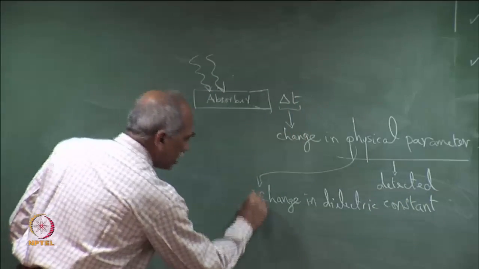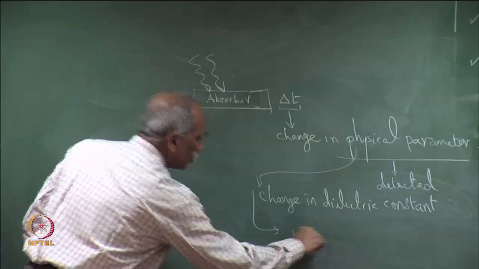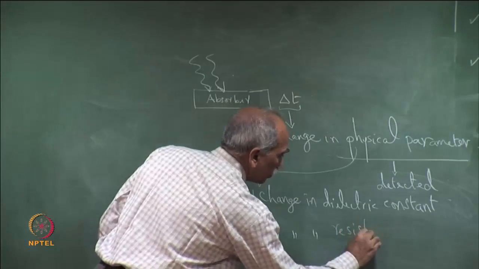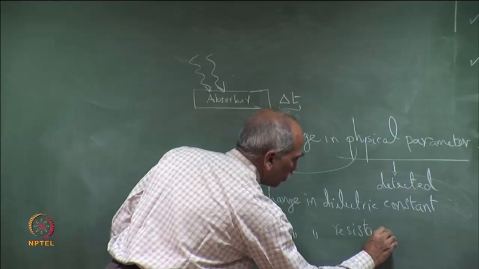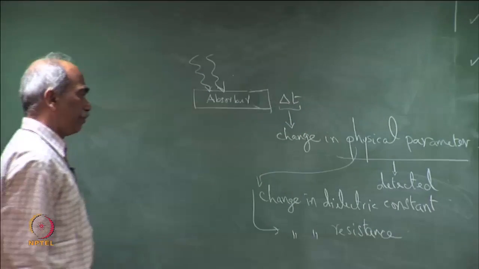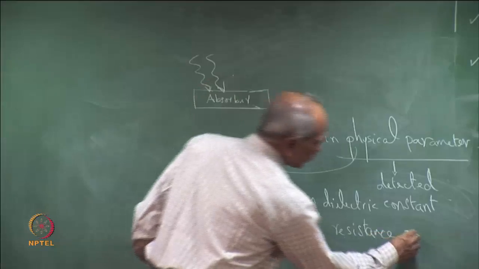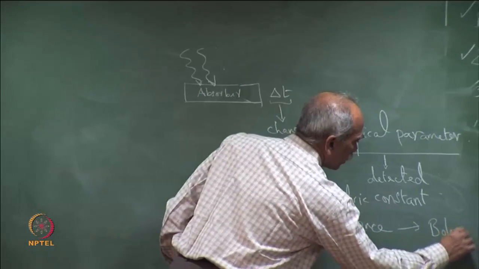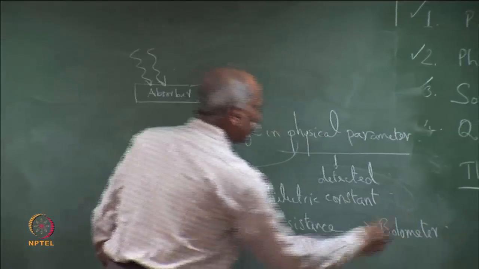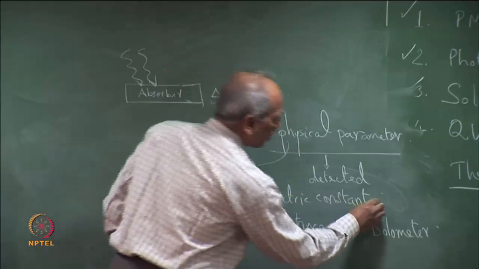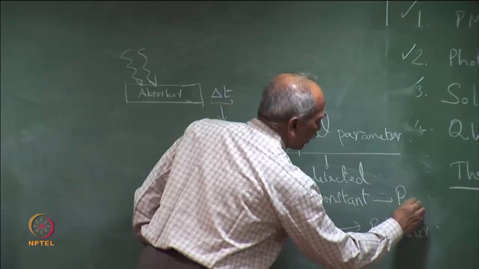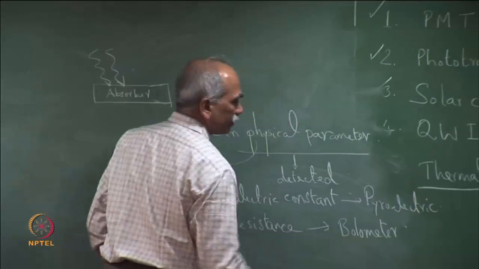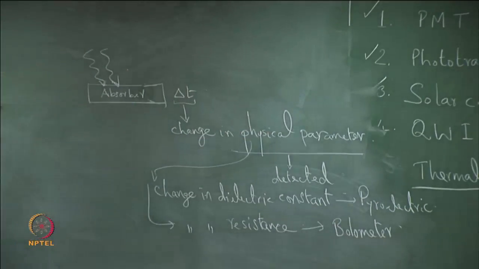This could be a change in resistance, as in the case of a bolometer.